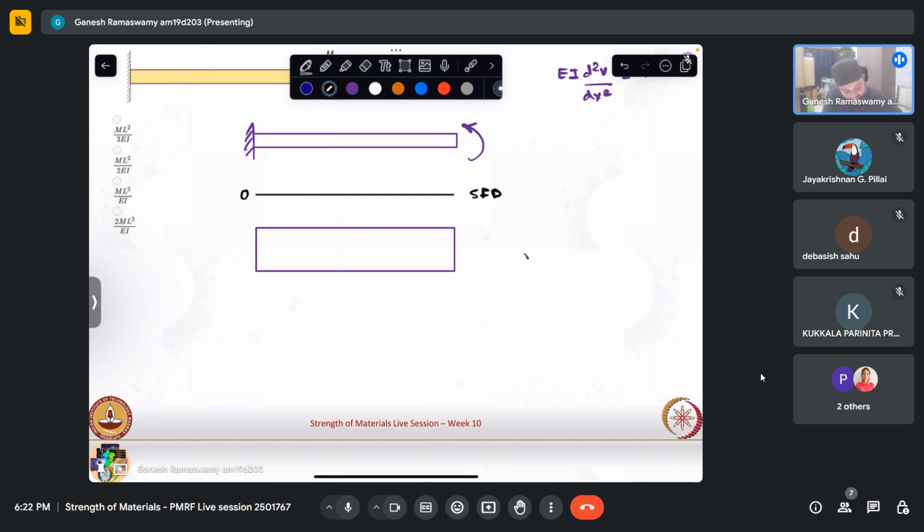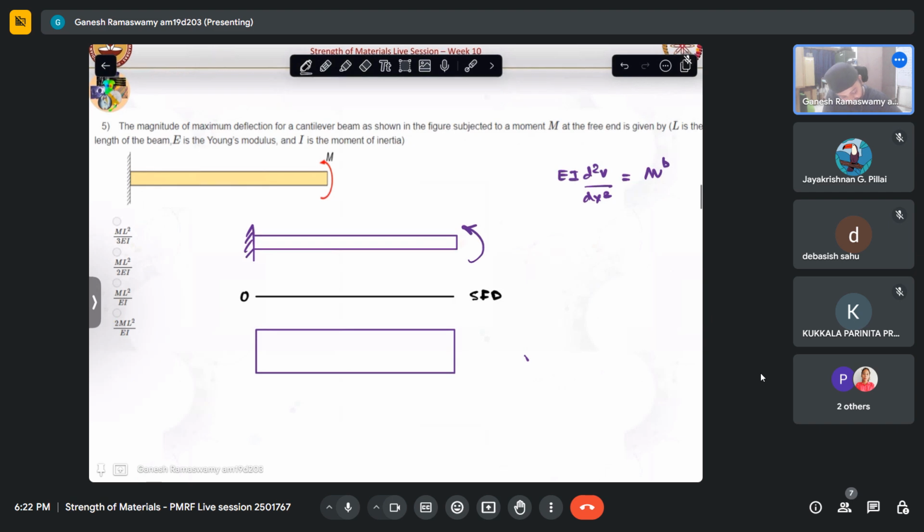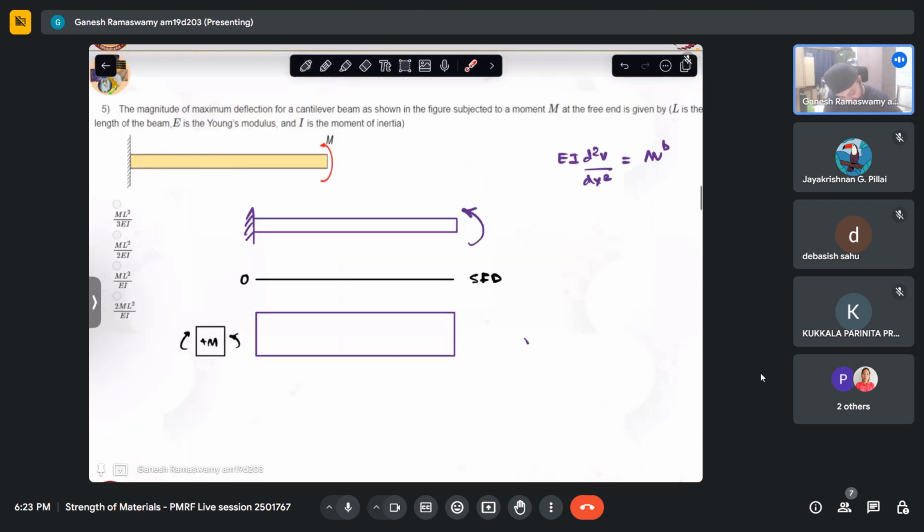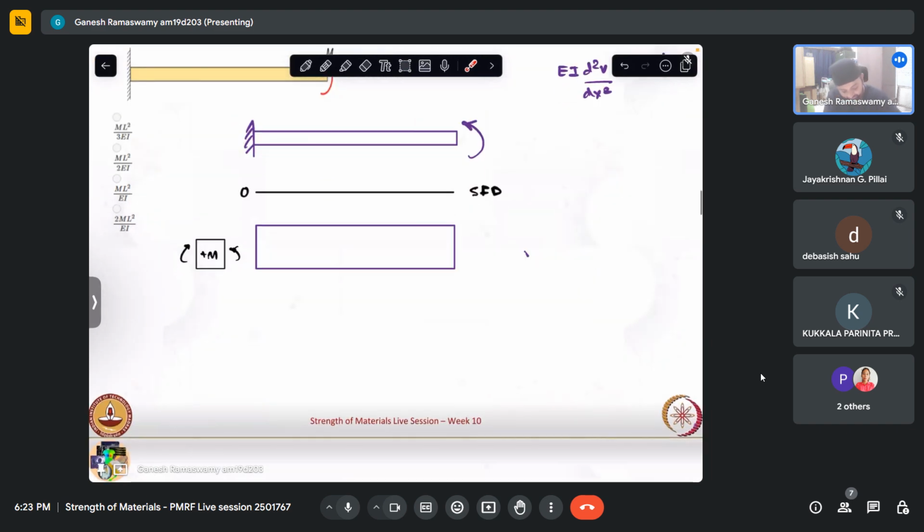So the bending moment is, if I take my sign convention, with this sign convention, if I cut a section here, I will have to put a moment like that, which will balance out M, which means this is my bending moment diagram for this problem.